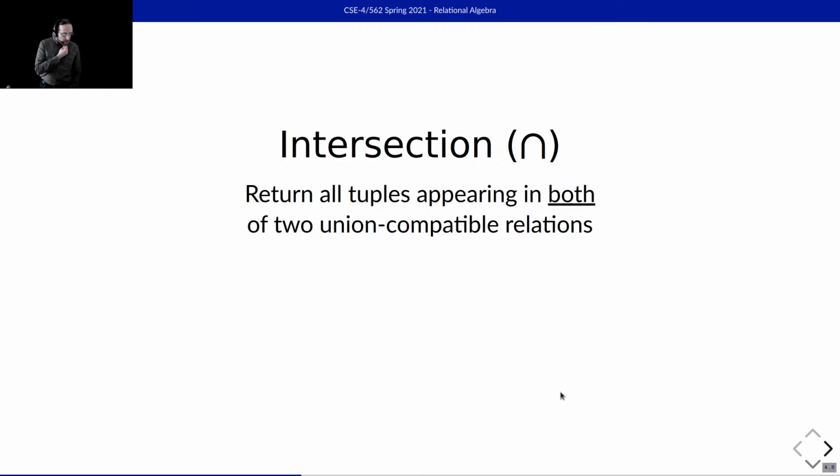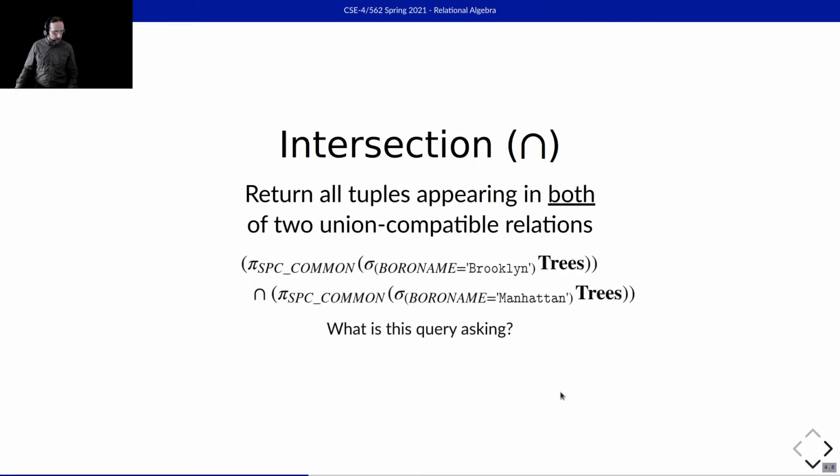Okay, so intersection is going to take two union compatible inputs and give me all of the records that appear in both of them. So it has to appear both on the left and the right hand side, but otherwise it's pretty much the same. So here's another query. I'll give you a moment or two. Wait for the stream to catch up, and then what is this query here asking for?